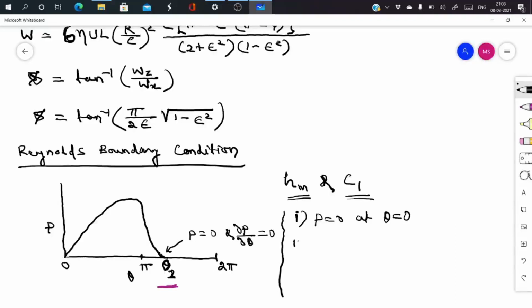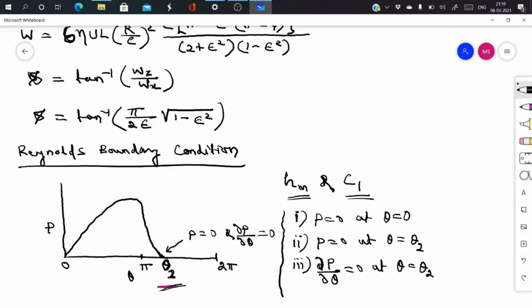Now second, P equal to 0 at theta equal to theta 2, okay, and third, del P upon del theta equal to 0 at theta equal to theta 2. So basically we need to calculate three constants, okay. So we have now three boundary conditions.